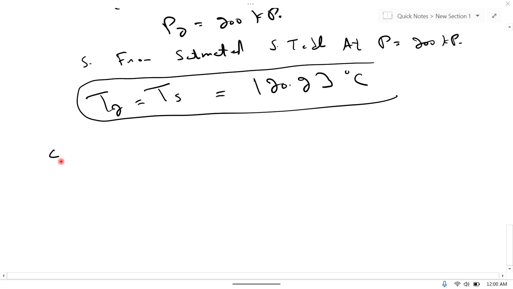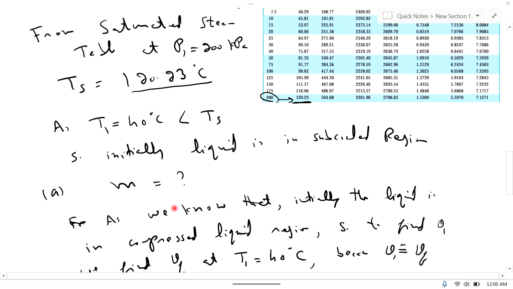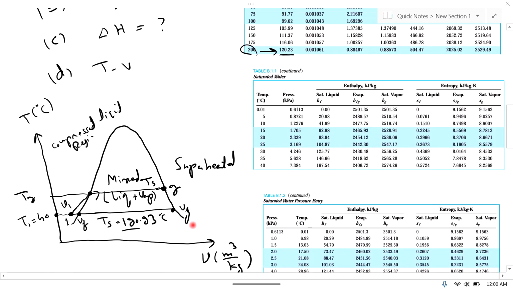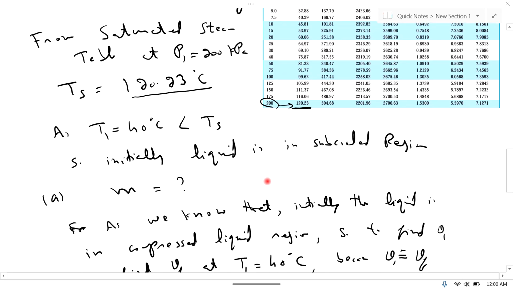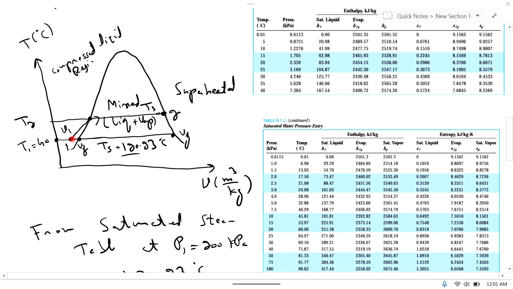And for part C, find delta H, the change in total enthalpy. So first we find H1. In the first part we assumed that V1 is equal to Vf, because these two points are very close to each other.